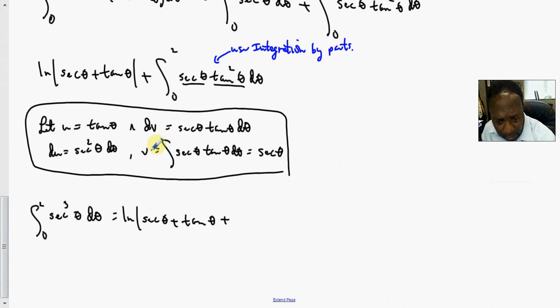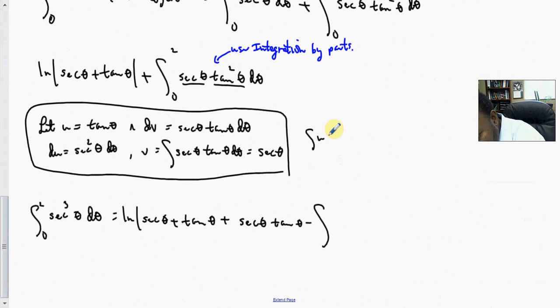So we have uv, which is secant theta times tangent theta, minus the integral of v du. The integral of u dv is uv minus the integral of v du, right?